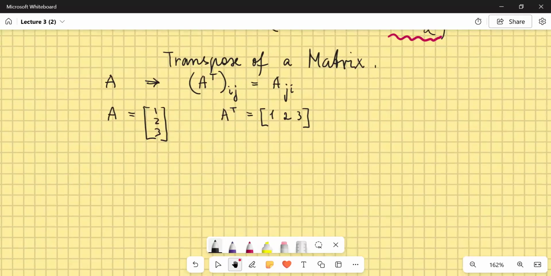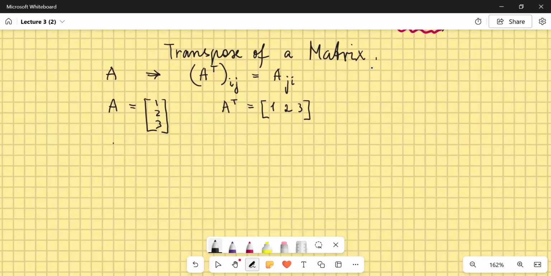Now let's do the transpose of something more complicated. Another example. Let's consider matrix B, and it's going to have, instead of just one column, 3 columns and 2 rows. How is the transpose going to look? The transpose of this matrix is going to look like this.